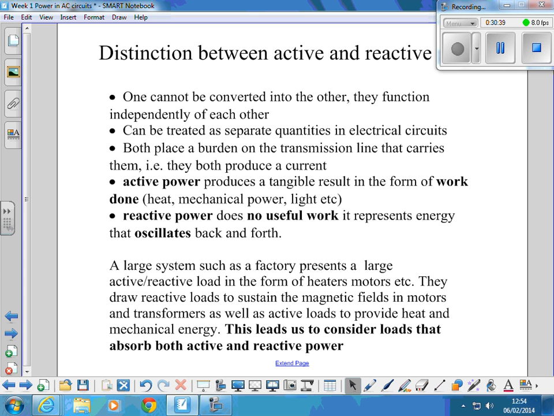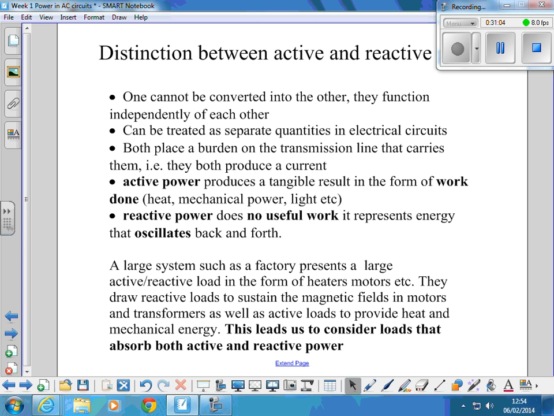A large system such as a factory or an oil rig or wherever it is you work, quite often, invariably really, presents a large active and reactive load in the form of heaters and motors. As soon as you wind a coil, you've got an inductor, even if that's just that loose coil on a 3-bar electric fire or something.